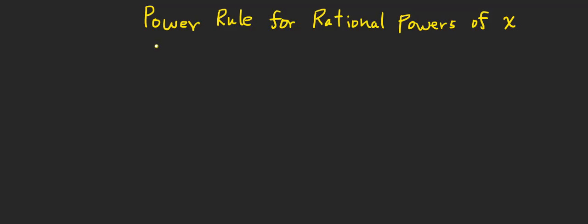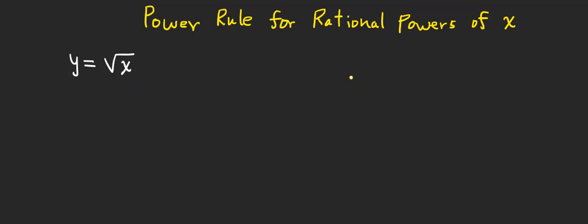In this video, we're going to talk about the power rule for rational powers of x. So let's say we've got y equals radical x. How can you find the derivative of this?